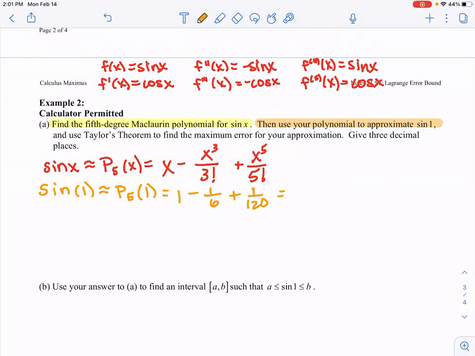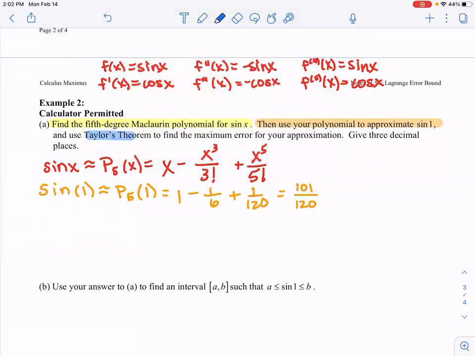So what is 1 minus 1/6 plus 1/120th? We're no calculator, we're gonna do this. 120 over 120 minus 20 over 120 plus 1 over 120.